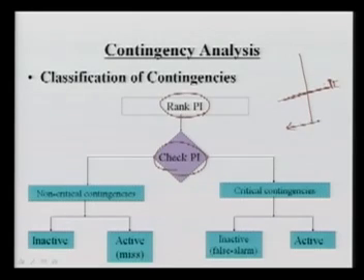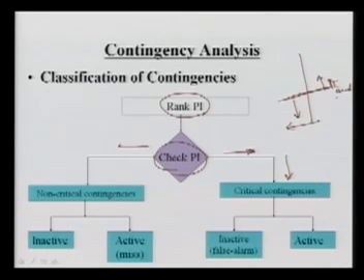The PI which is more than this cutoff will give your critical contingencies, and the PI which is less than that we can say is non-critical. We want to have some cutoff PI value so that if it is more than that, the system is critical, and if it is less than that, the contingency is not critical.